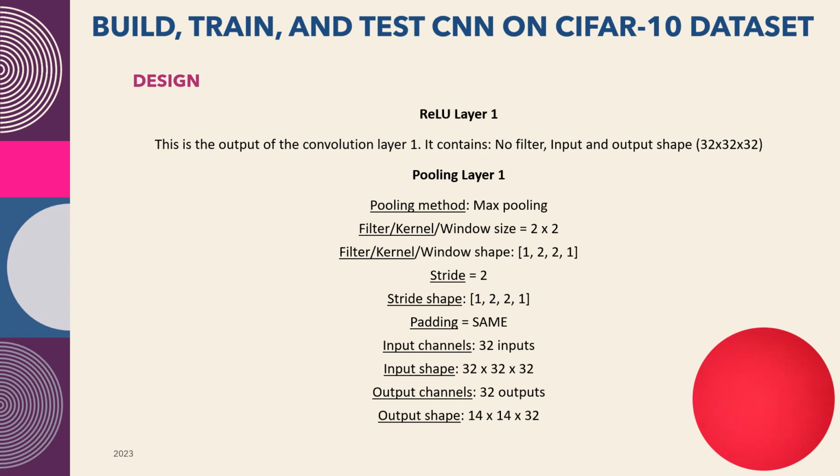The pooling layer 1 is composed of the pooling method, which is max pooling, the filter kernel window size, which is going to be 2 by 2, and the filter kernel window shape, which is going to be 1 by 2 by 2 by 1. Stride equals 2 and the stride shape is 1, 2, 2, 1. Padding we're keeping the same. The input channel is 32 inputs. The input shape will be 32 by 32 by 32 and the output channel is 32 outputs. The output shape will be 14 by 14 by 32.